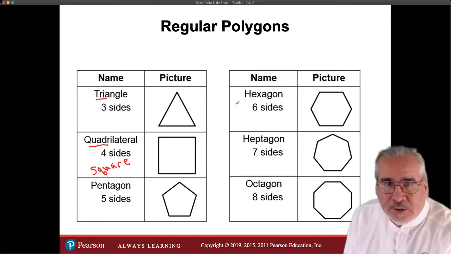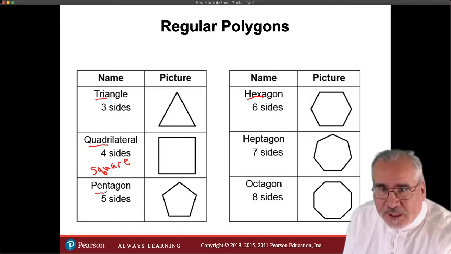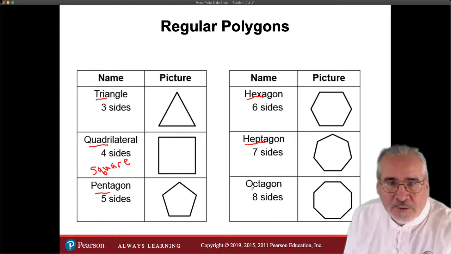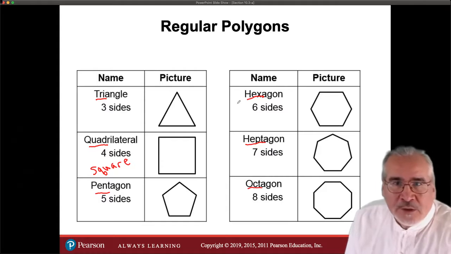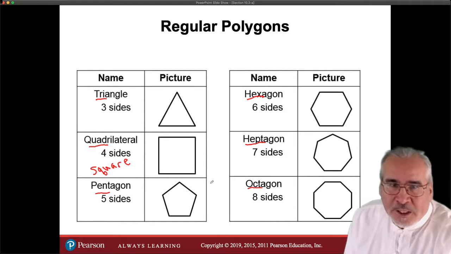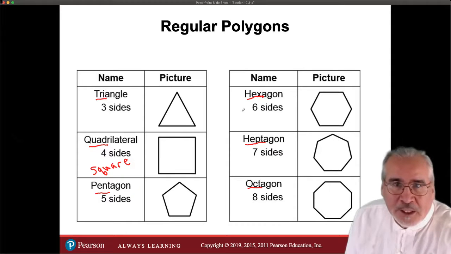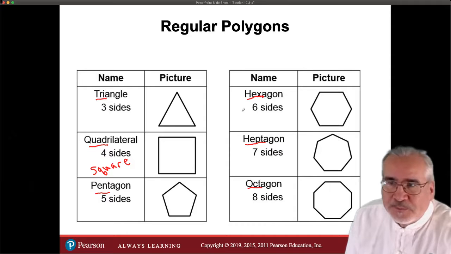Pentagon, hexagon, 6 sides. And again, if you have taken any Latin, you know these prefixes: a heptagon, meaning 7 sides, followed by the octagon of 8 sides. We can keep going on these, but usually much above this we'll just refer to it as a 9-sided polygon. There are words you could use for it, but we'll stick with those.